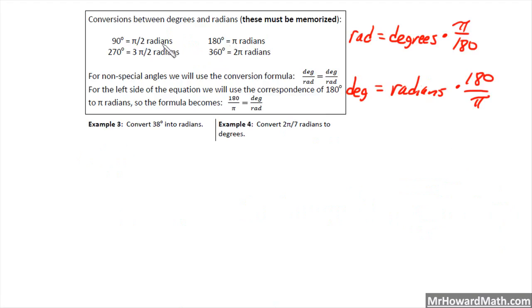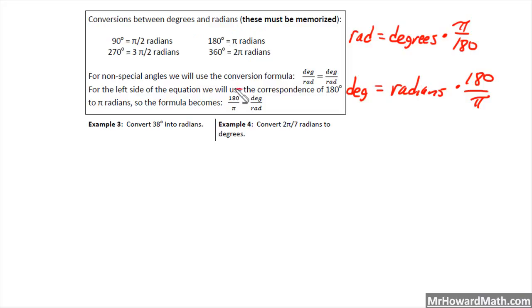Now for these angle conversions between degrees and radians. Before, we discussed that there are 360 degrees in one full circle, and there are also 2 pi radians. Therefore, 360 degrees is the same thing as 2 pi radians. Most of the time we'll be referring to this part right here, that there are 180 degrees in pi radians.